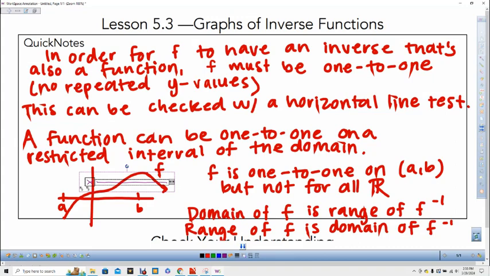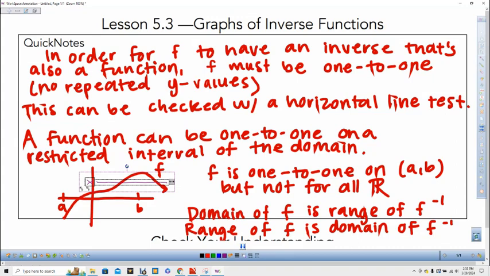When you check the horizontal line test, you're checking whether its inverse will also be a function.